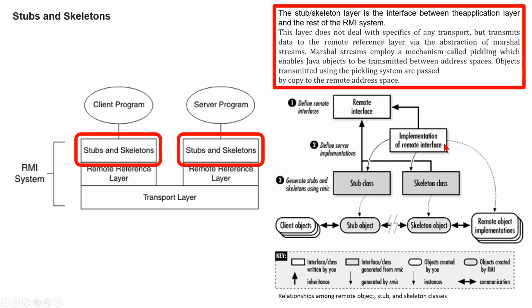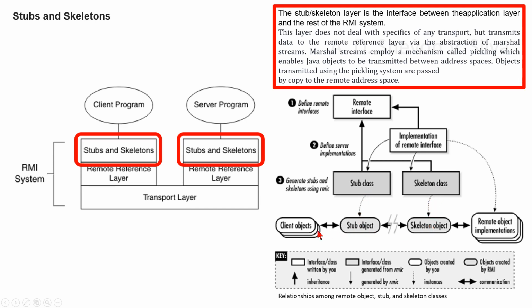Here the implementation of the remote interface is connected to remote object implementations, and you can see the instances arrow. Here the stub class is connected to the stub object, and here the skeleton class is connected to the skeleton object, with instances arrows.